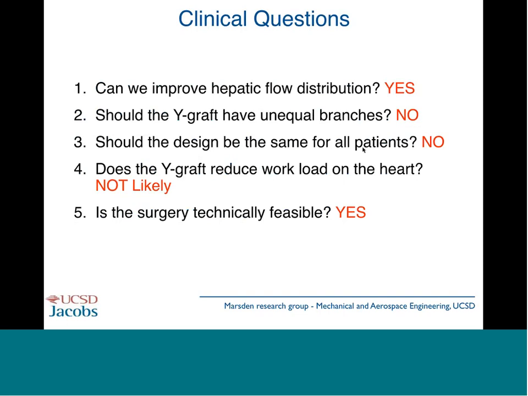We no longer believe that it's likely that the Y-graft will reduce workload on the heart based on our multi-scale modeling studies. And we were pleased to demonstrate that the surgery was technically feasible.